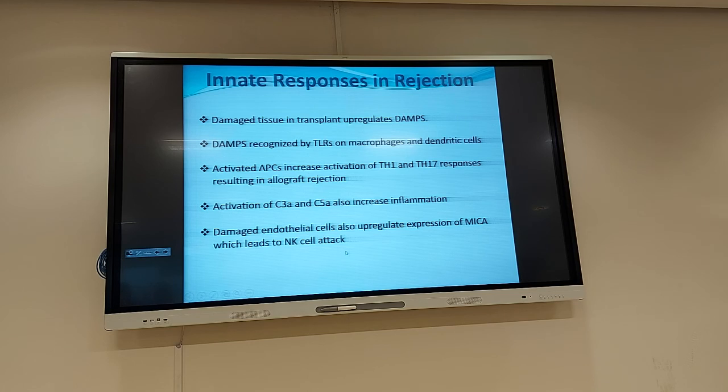So because of this upregulation of DAMPs, the innate immune responses can be activated, and then it brings in Th1, Th2, and Th17 type inflammatory responses, which can then add to the attack on the donor organ.